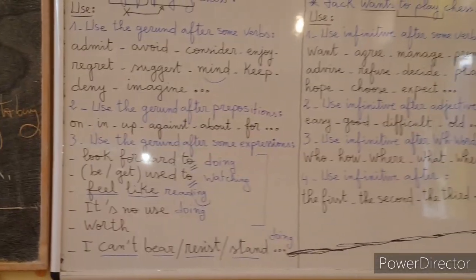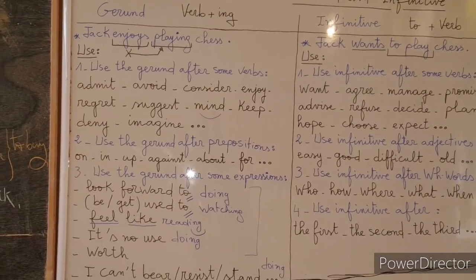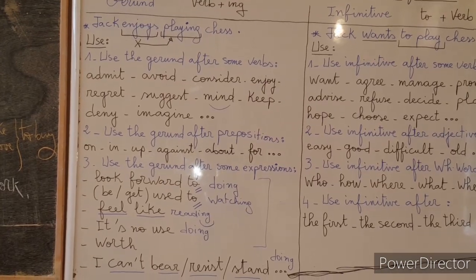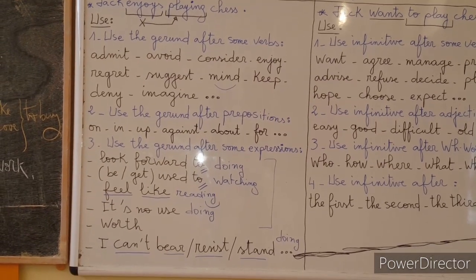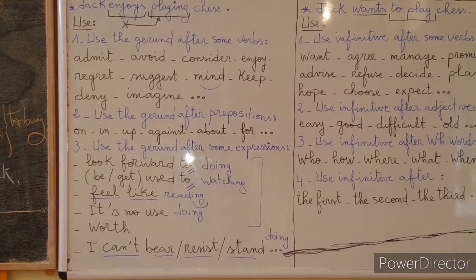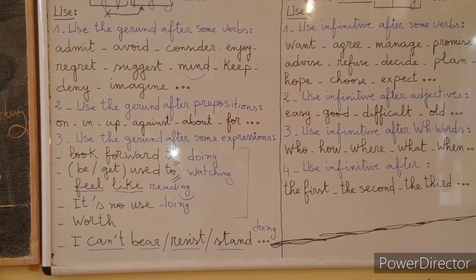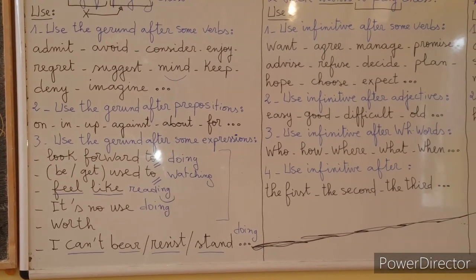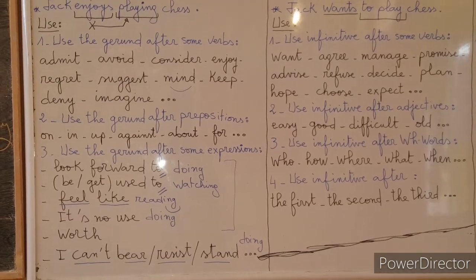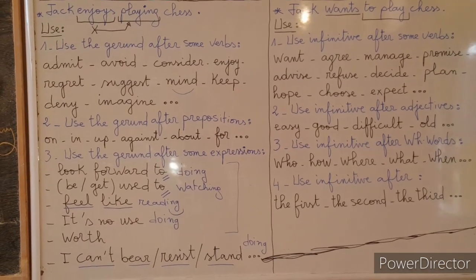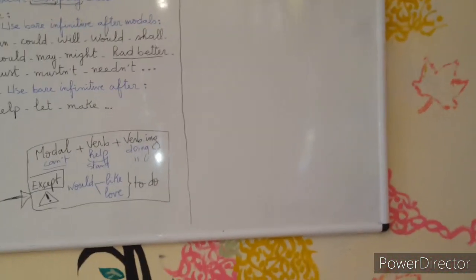As you can see, we have already mentioned in number 3 of gerund: use the gerund after some expressions like look forward to, get or be used to, feel like, it's no use, can't resist or can't stand, etc. All these elements must be followed by gerund. But I haven't mentioned something final related to the part of gerund.